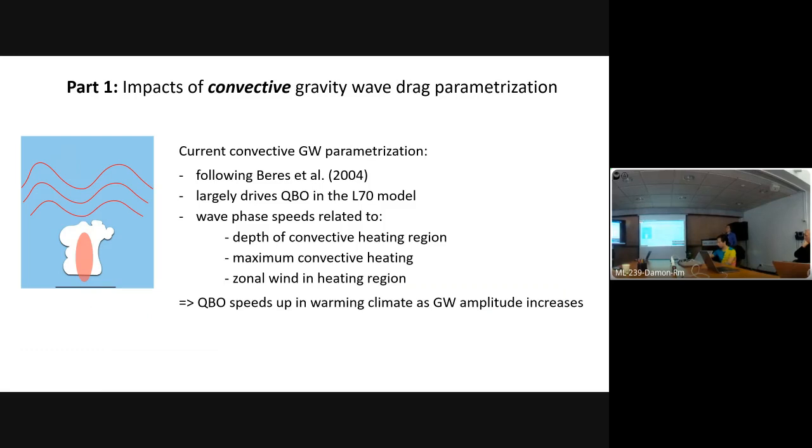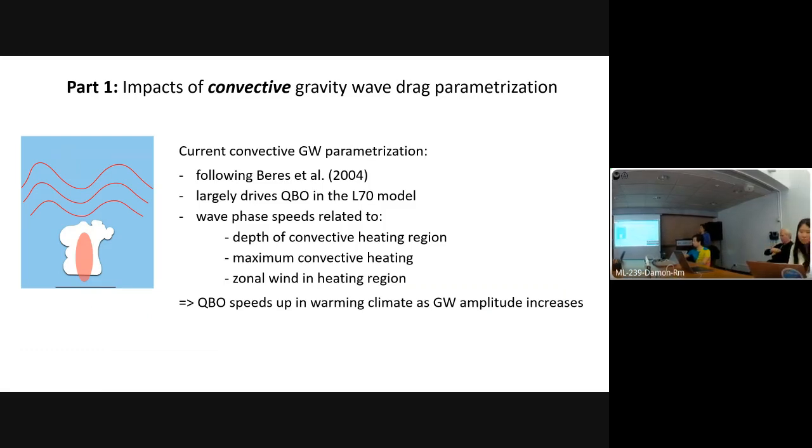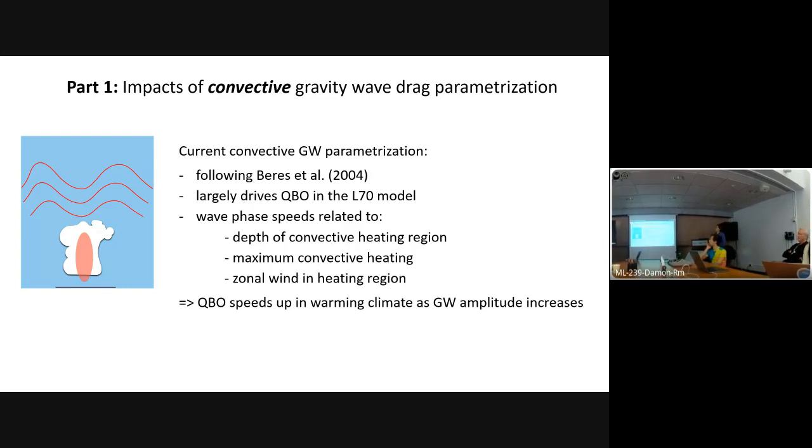First, I'm going to talk about two different parts of gravity wave parameterization, starting with convective gravity wave drag. In the standard workhorse CESM2 WACCM6 L70 model, the 70-layer model, the convective gravity wave drag is what drives the quasi-biennial oscillation.